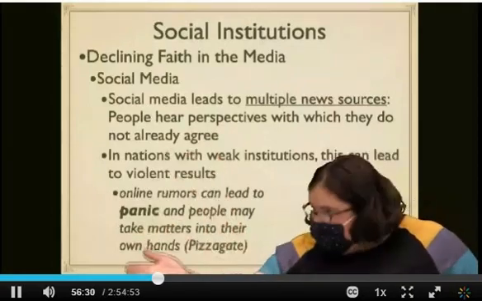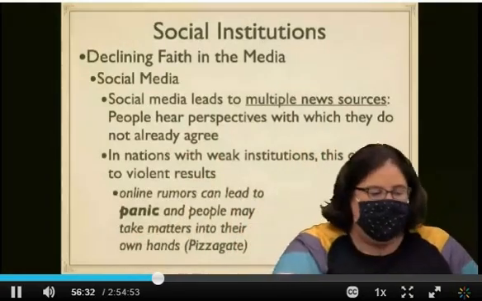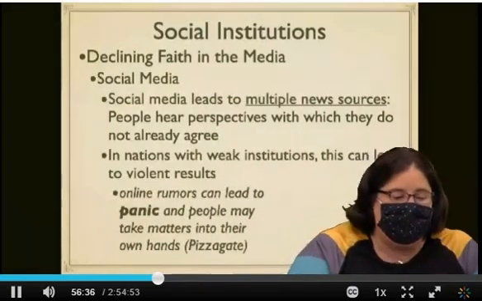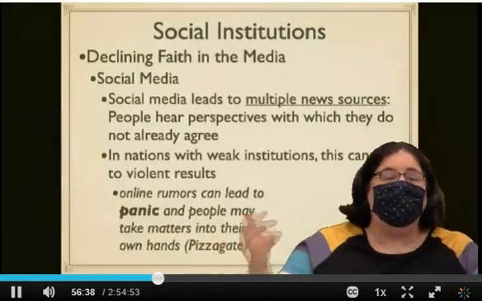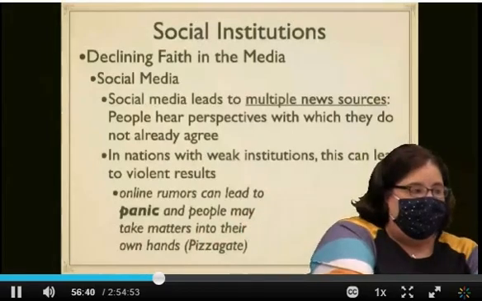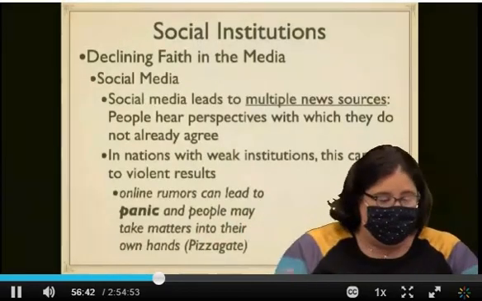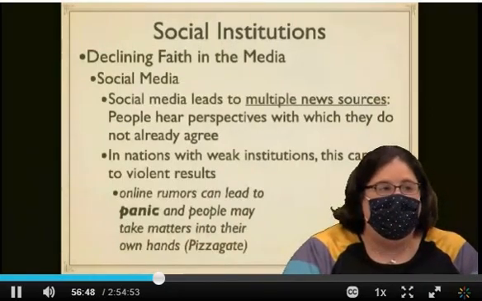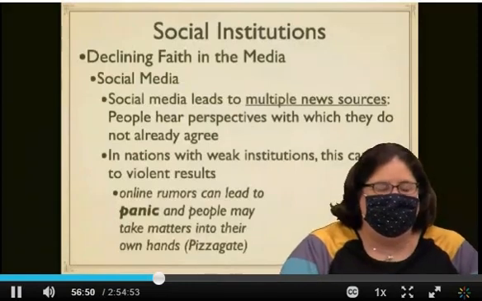Whatever's the loudest, not the rightest. And that's the issue. It can lead to violence in the real world, not virtually. So, other questions or comments about the media and their hand in all of this?